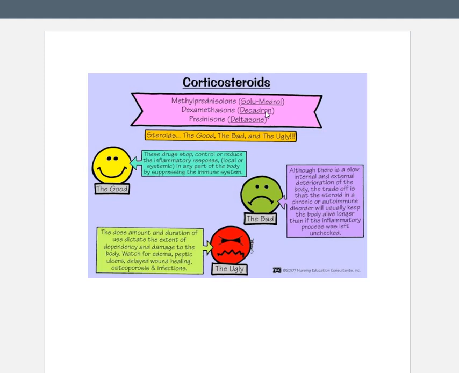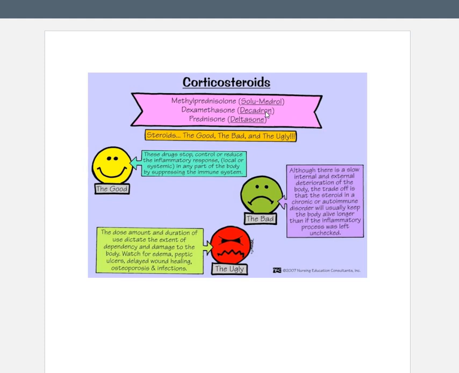Steroids can be good, but they can be bad, and they can also be ugly. You want to be careful if they've been on them for a long time, that we don't stop them quickly, because normally cortisol, which is a steroid, comes from your adrenal glands, and when you take exogenous or outside types of corticosteroids, your body stops producing and secreting them, because you're getting outside sources.